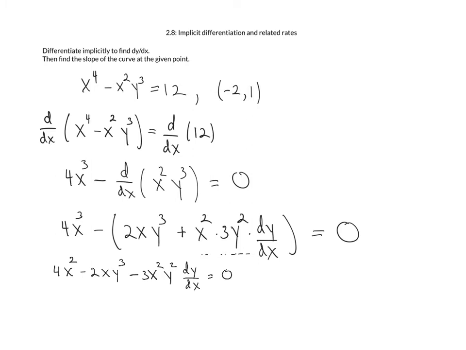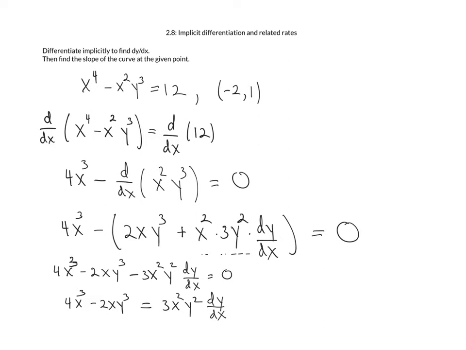So first, I expand out this negative sign through the parenthesis to have 4x cubed minus 2xy cubed minus 3x squared y squared times dy by dx equals 0. And then I'm going to add 3x squared y squared dy by dx to both sides of the equation, so that I have 3x squared y squared dy by dx on the right-hand side of the equation and 4x cubed minus 2xy cubed on the left-hand side.